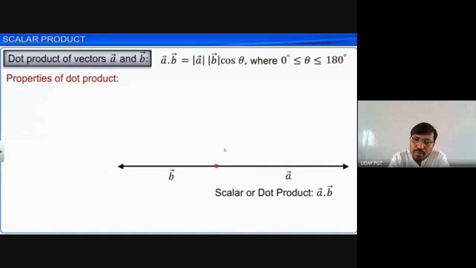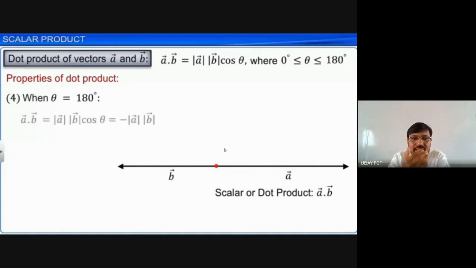If they are in opposite directions, meaning one vector is on one side and the other vector is on the opposite side, the angle between them is 180 degrees.